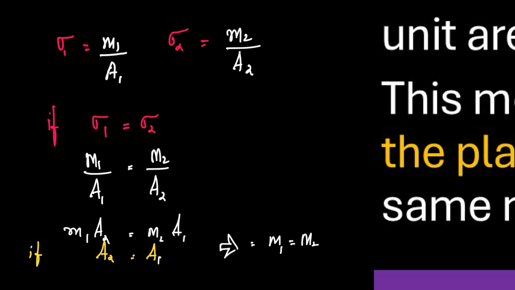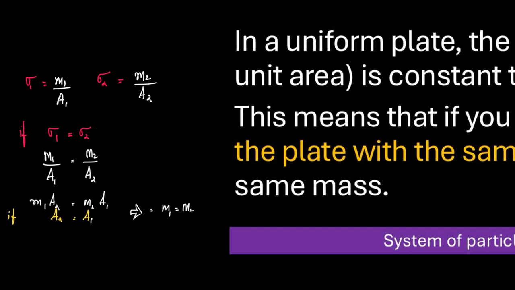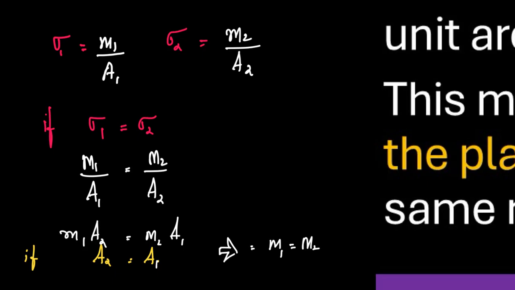If sigma 1 is equal to m1 by a1 and sigma 2 is equal to m2 by a2, and we say that the mass density is constant throughout, it means sigma 1 should be equal to sigma 2, and therefore m1 by a1 should be equal to m2 by a2, or in other words m1 a2 should be equal to m2 a1.